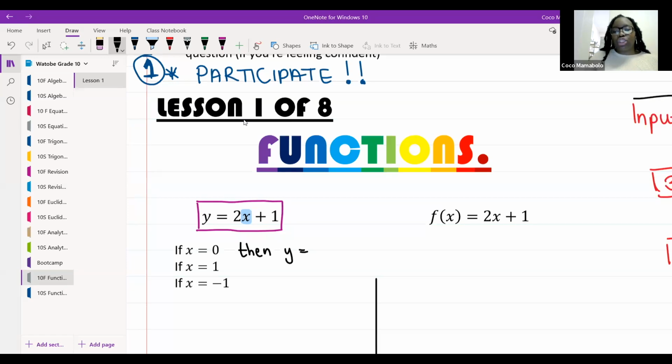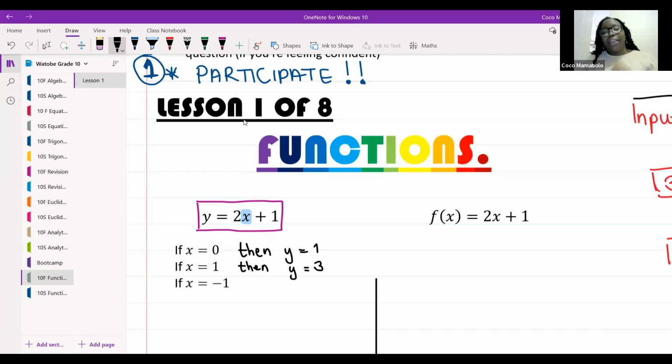I'm going to get 2 times 0, which is 0, plus 1, which is 1. Then I'm going to ask you guys to do the same with 1. If x is equal to 1, then y is equal to what? Gabriel is fast. I feel like Gabriel has the answer written down and is waiting for me to ask the question and then just clicking enter. Then y is equal to 3.